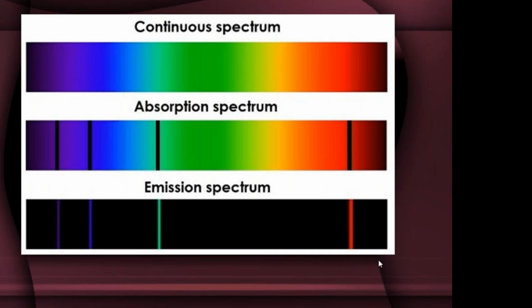But in an emission spectrum, you will see a dark background, and the same substance would give you colored light. Because this is the visible region, it will be colored. So colored light bands are seen. So these are lines that are obtained with colors. You can see it is green color here. So at the same wavelength in an emission spectrum, you will see green light.